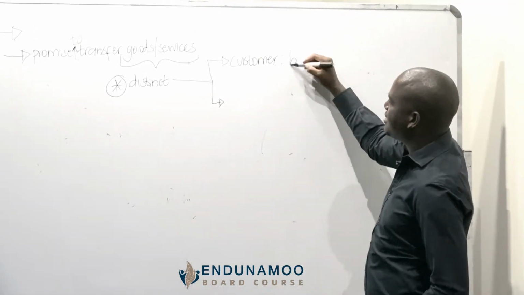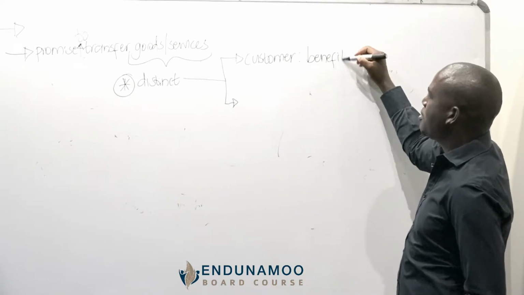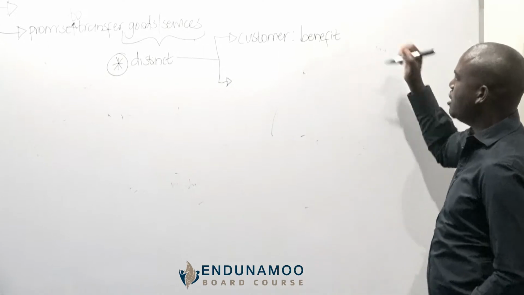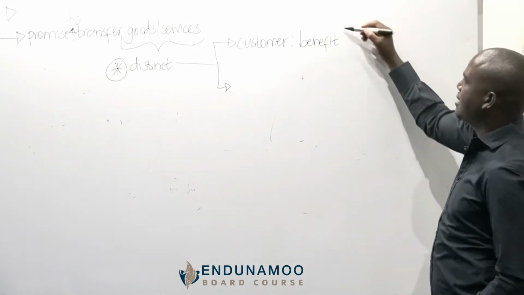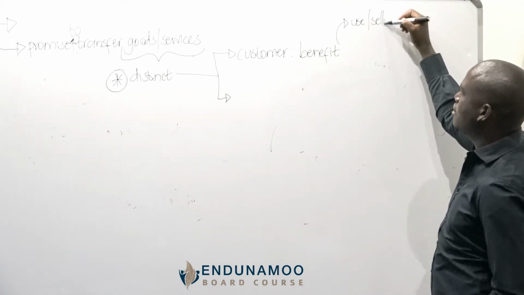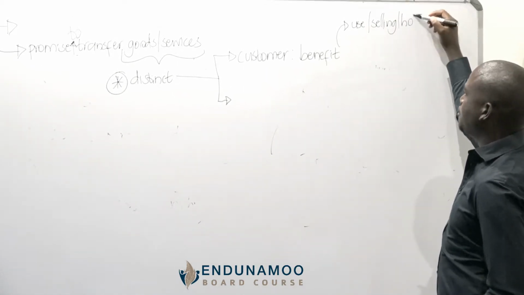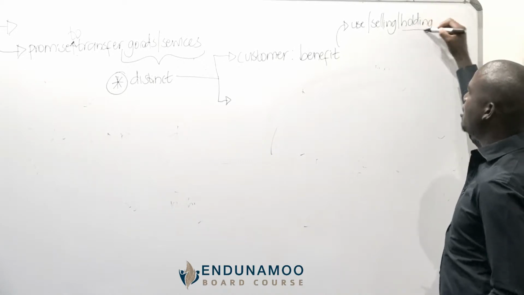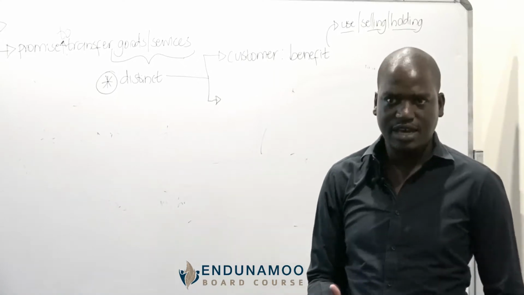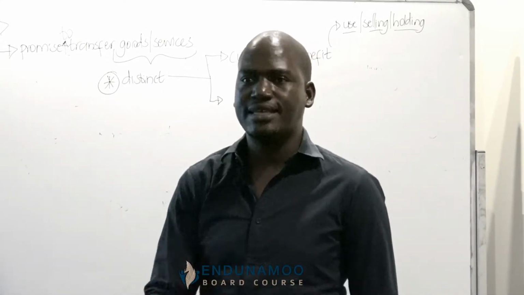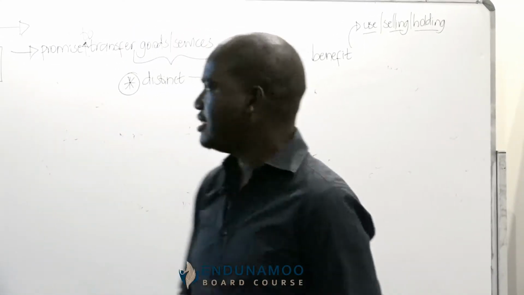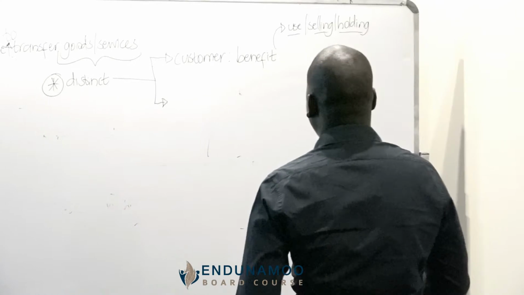So if it is distinct, the customer has to benefit from what? From the good on its own. So this is benefit in terms of probably using or selling or holding altogether. So when you say benefit, it could be a benefit because they intend to use that particular good that has been acquired, or they intend to resell it. So it could be inventory to the customer, or it could be an item where they hold and it appreciates in value over time.